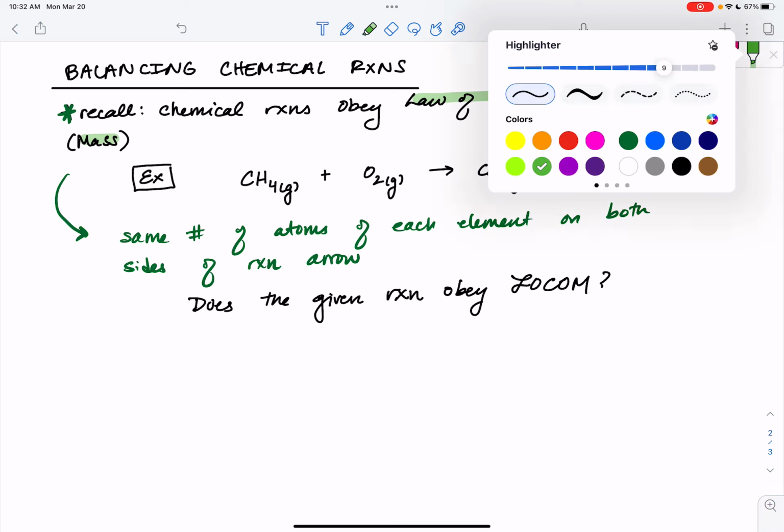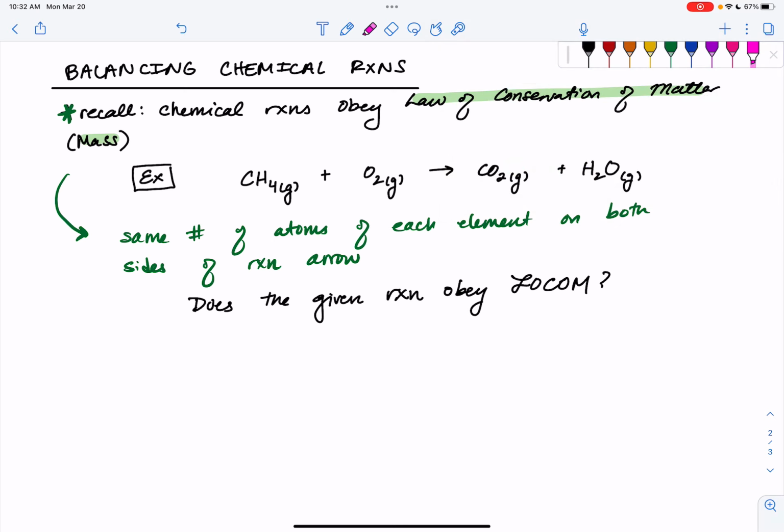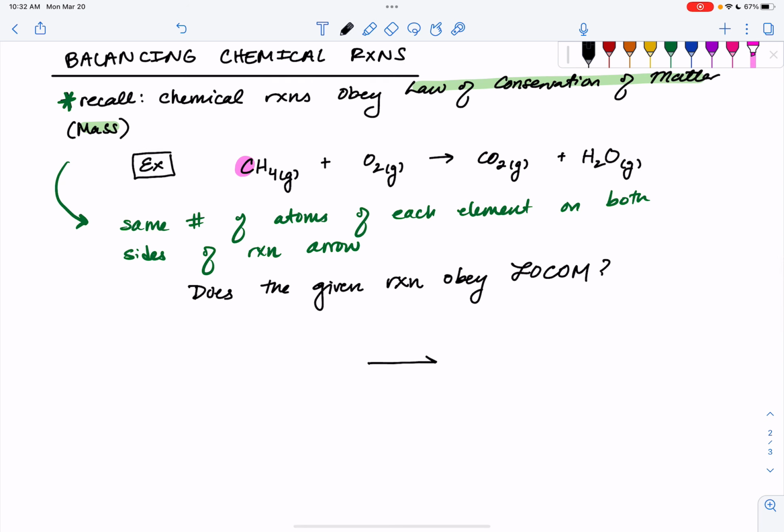So that means we've got to do some counting. I'm going to symbolically write my reaction arrow so that I can have a tally of my reactants here, my starting materials, and then a tally of my products on the right.